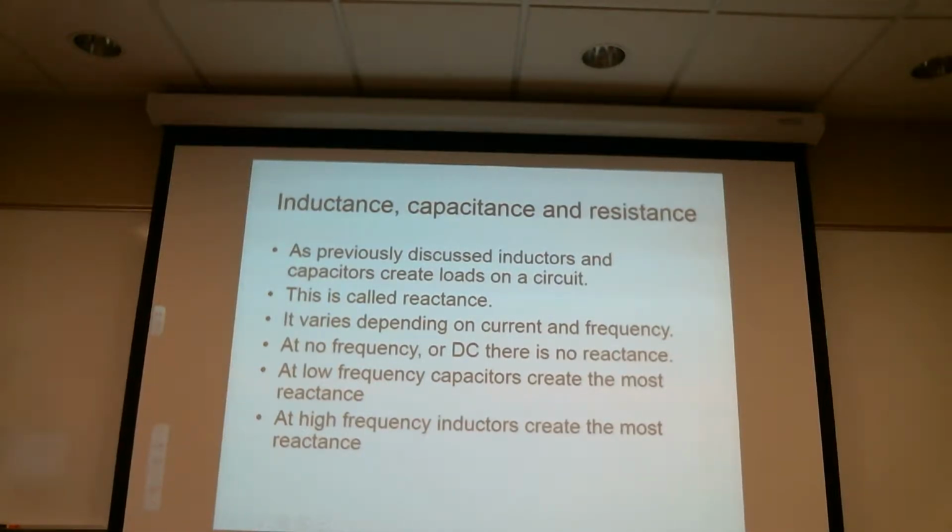We wouldn't need a whole lot of math to be able to figure things out. The problem is we sort of have to look at the behavior of both of these to see how they react with response to resistance, to be able to calculate total impedance on the circuit. Okay, so we got to study these a little bit more.